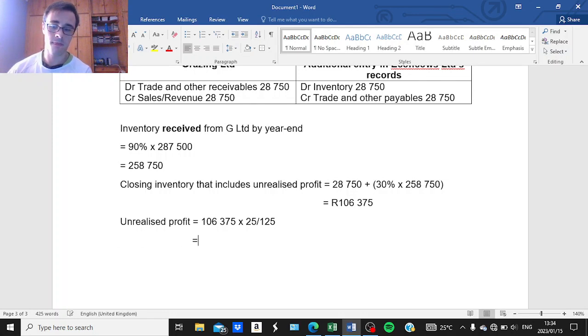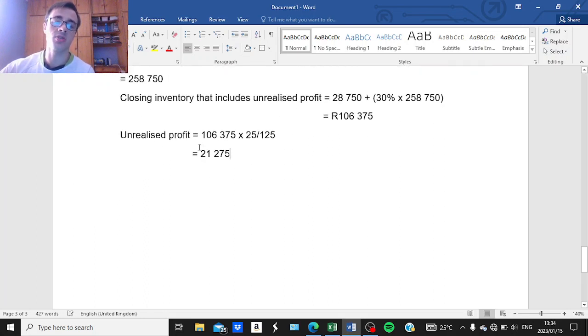This will give you 21,275 Rand. So this is the total unrealized profit in closing inventory that we need to eliminate for consolidation purposes.